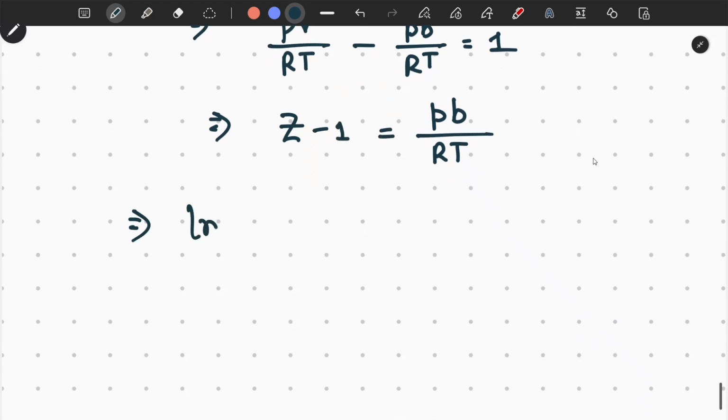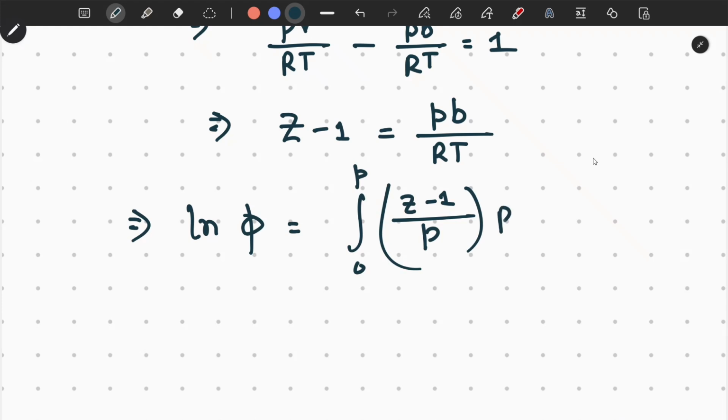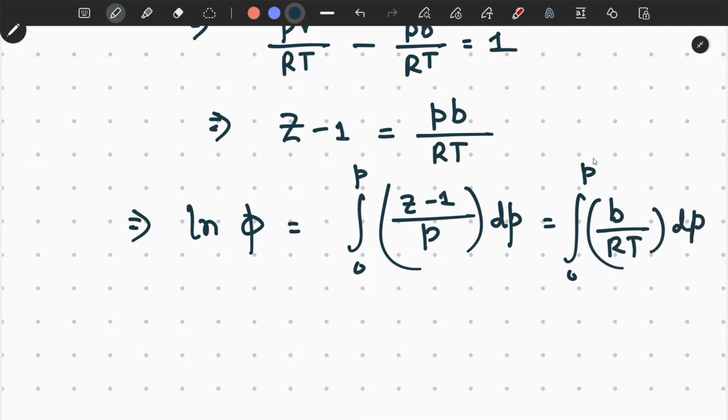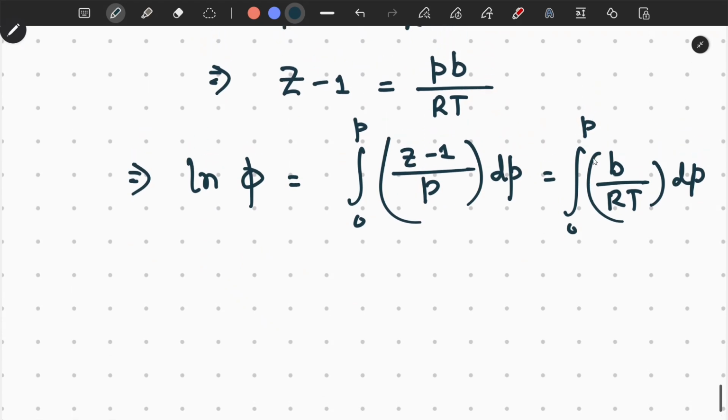So ln phi will be the integral of (Z minus 1) by P dP, so it will be B by RT times dP. So it is clearly greater than 0.